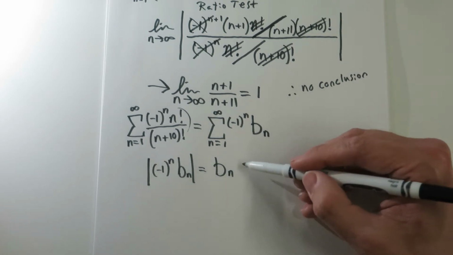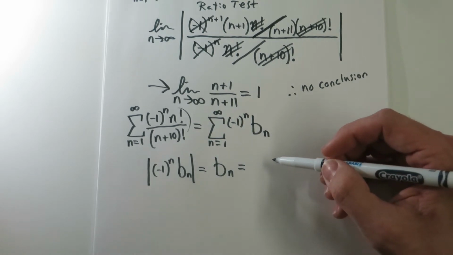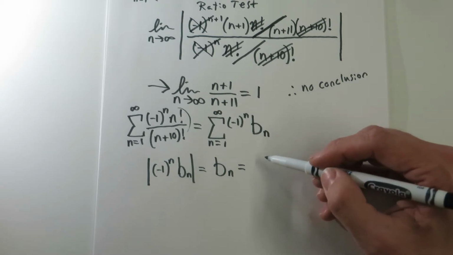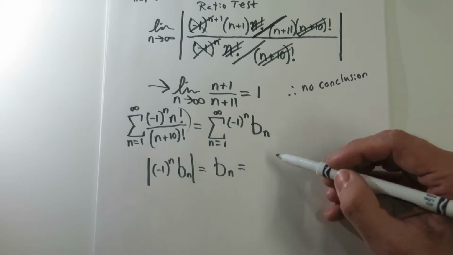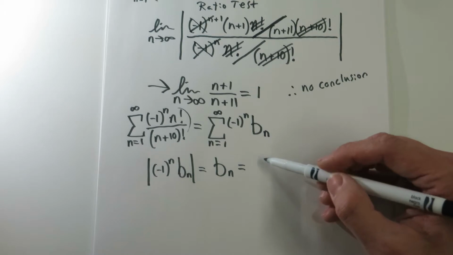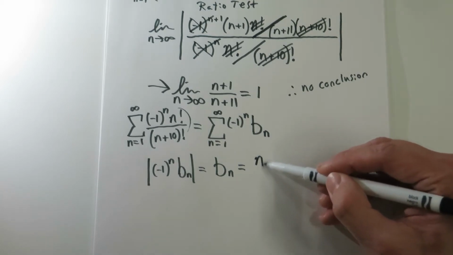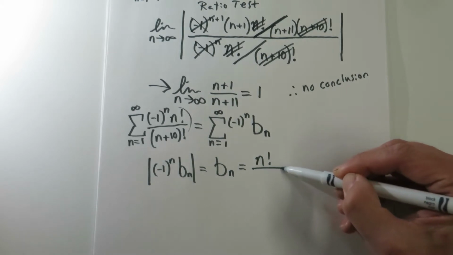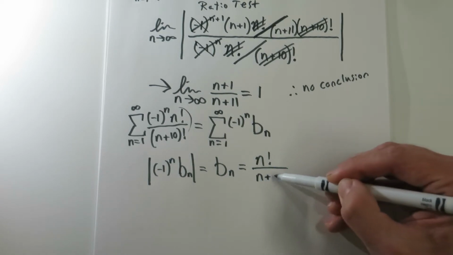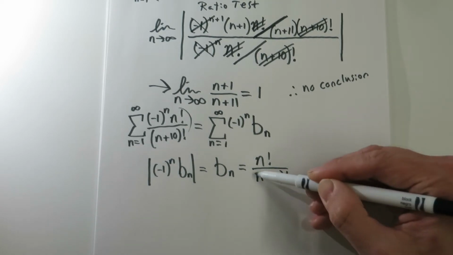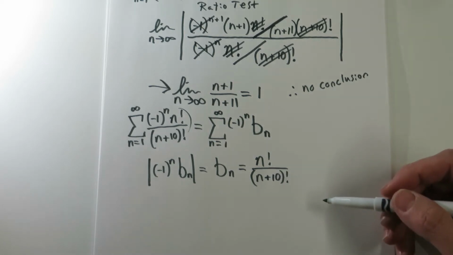And b sub n is just equal to n factorial over n plus 10 factorial.